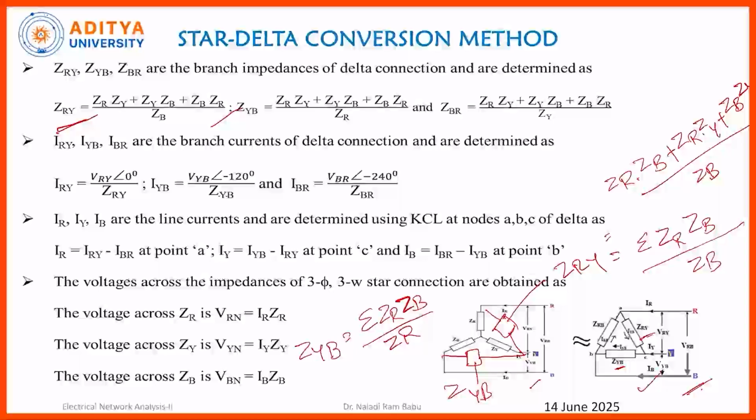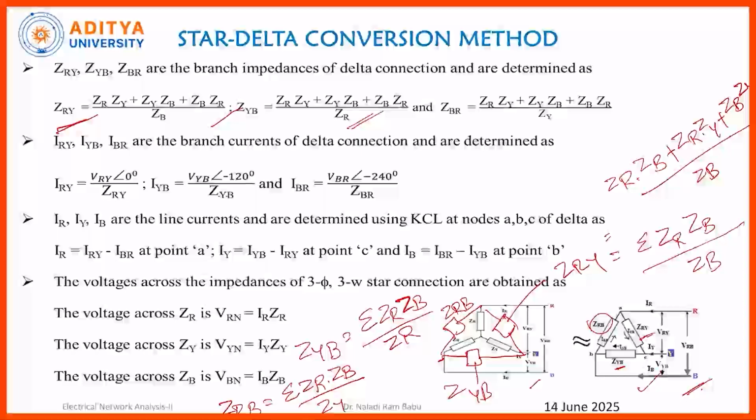So this is another impedance. The next impedance is ZRB, connected across the R and B phases. ZRB is equal to, in a similar manner, the same sum divided by the opposite side impedance, which is ZY here.